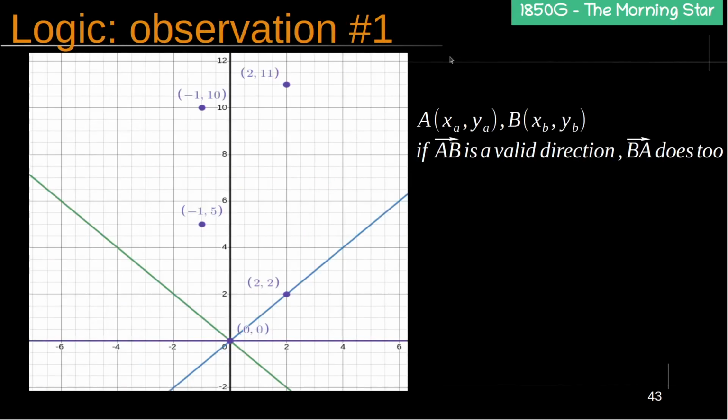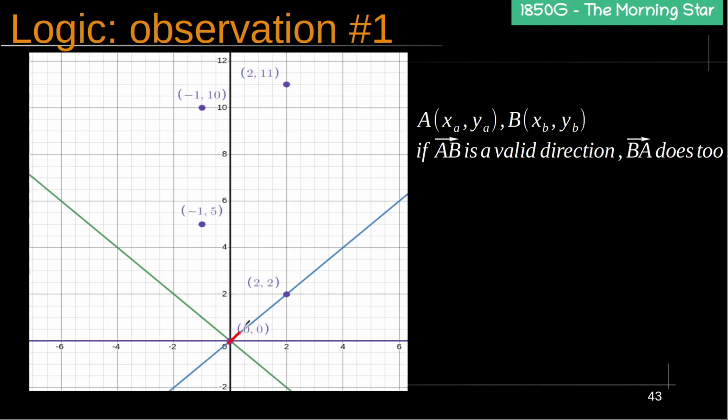Observation number 1. If I have 2 points, A with coordinates x_a, y_a and point B with coordinates x_b, y_b, if AB is a valid direction, then BA is a valid direction too, as we have seen.